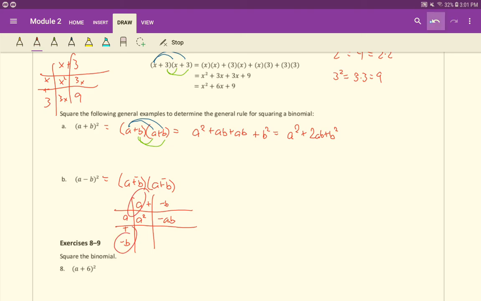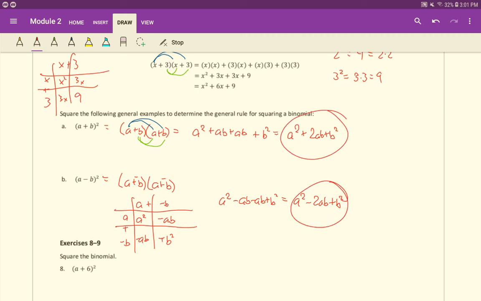Negative b times a will be negative ab. And then negative b times negative b, positive b squared. And so what do we end up with? When we combine like terms here, we'll get a squared minus ab minus ab plus b squared, which is a squared minus 2ab plus b squared. Okay, so there's our final answers for both of these.